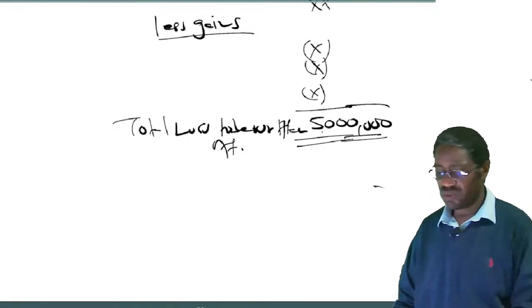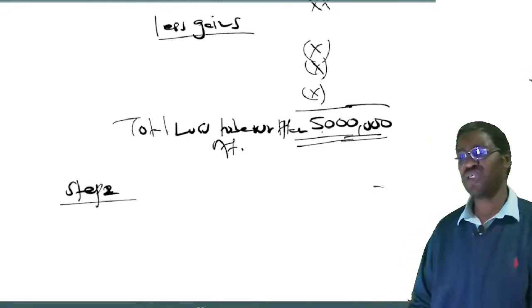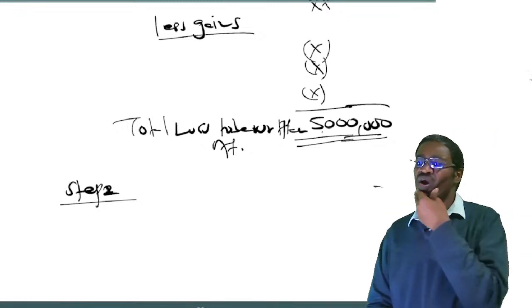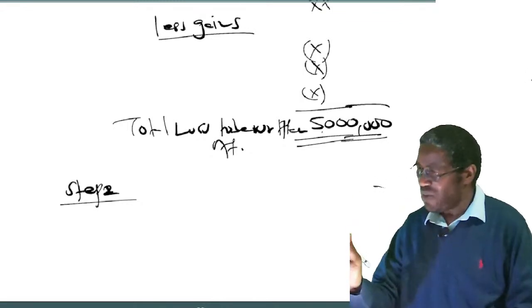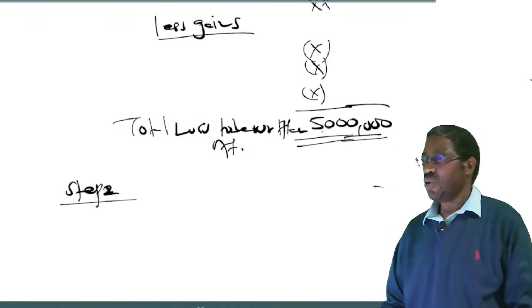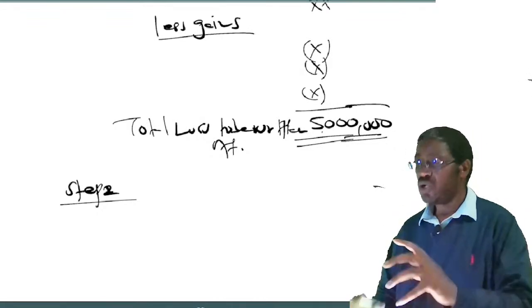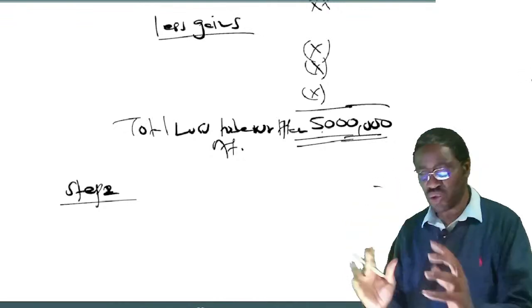Good. Step 2 now. Before I talk about step 2, you will remember I told you, when it comes to internal reconstruction, all the stakeholders of the company are called into a meeting.